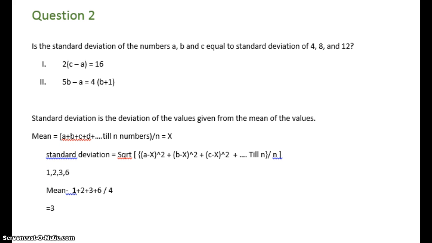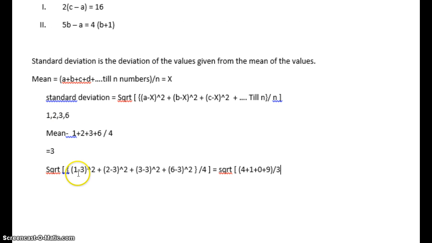Okay, it can be represented as, there you go, square root of 1 minus 3 whole square plus 2 minus 3 whole square plus 3 minus 3 whole square plus 6 minus 3 whole square divided by 4. Okay, now this is not very important. In fact, for this question, you would not even need to calculate any standard deviation anywhere. I'll explain you how. For that, I will have to tell you an important concept.